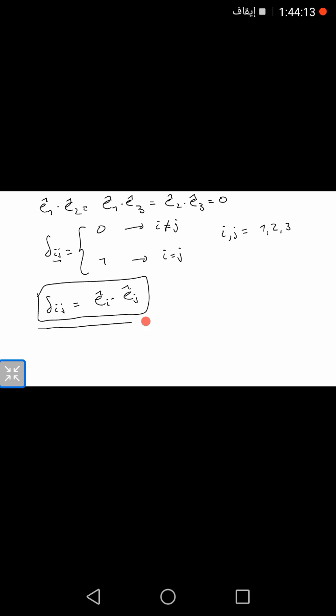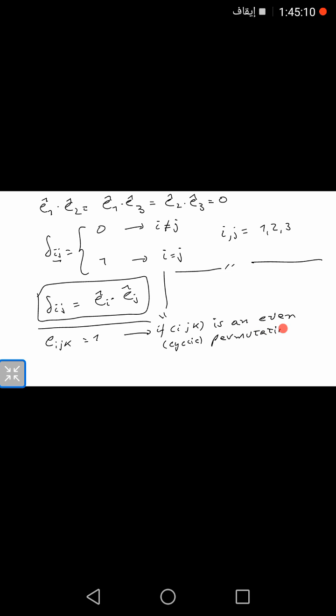The Levi-Civita symbol is represented by epsilon_ijk, equal to 1 if ijk is an even or cyclic permutation of 1, 2, 3.